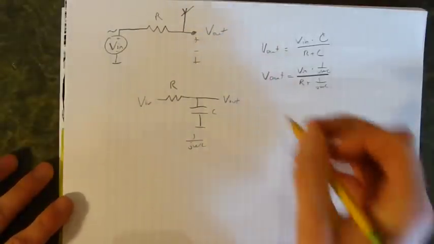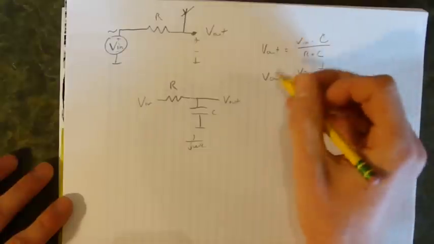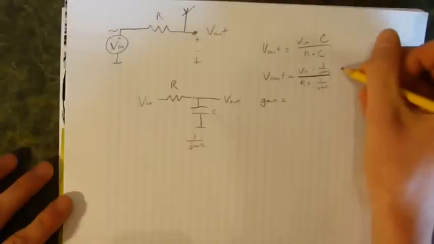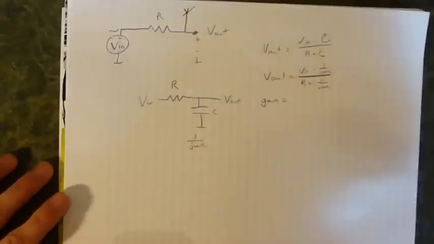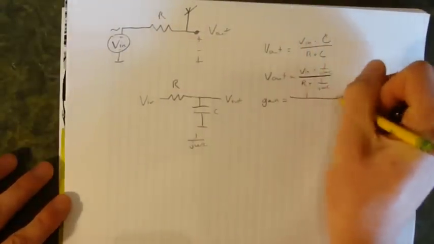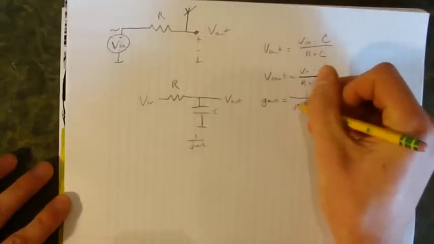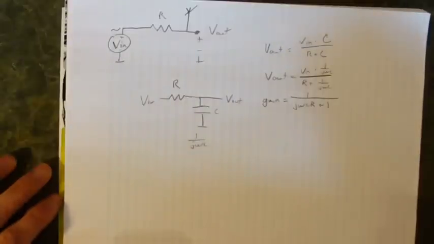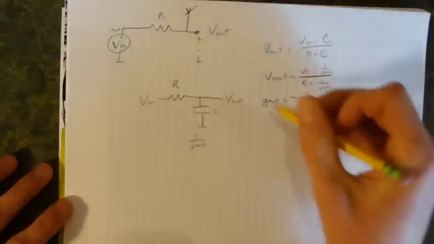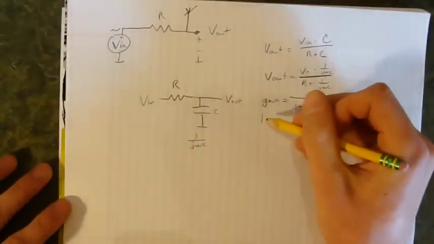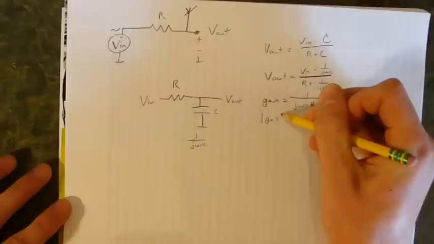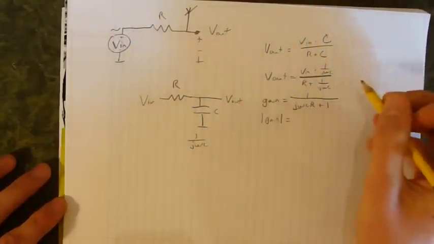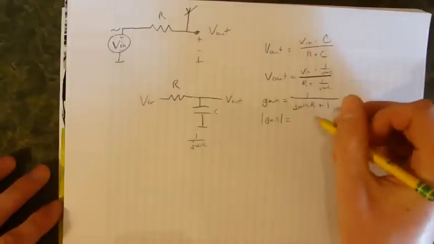Let's solve for the gain. So we can divide both sides by Vin to give us our gain equals, and let's multiply the numerator and denominator by j omega C to simplify it. So we have 1 over j omega CR plus 1. Now we want to solve for the magnitude of gain. To do that, we need to move our imaginary number j into the numerator of this equation.